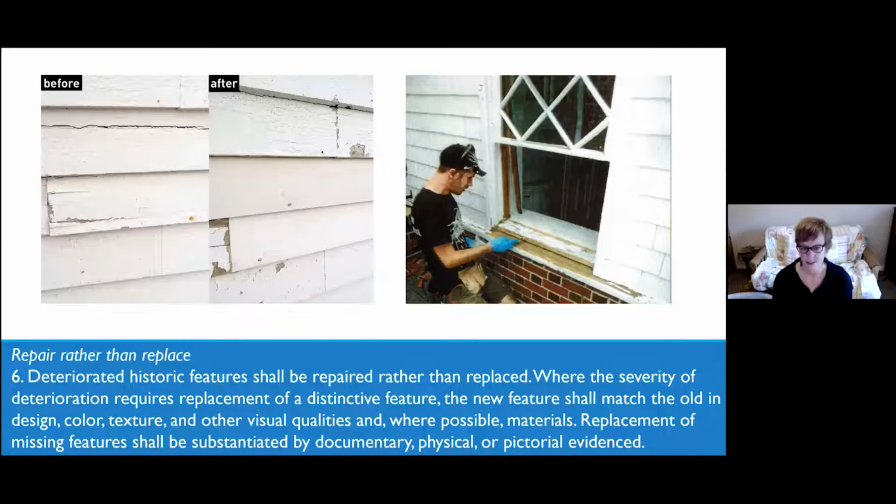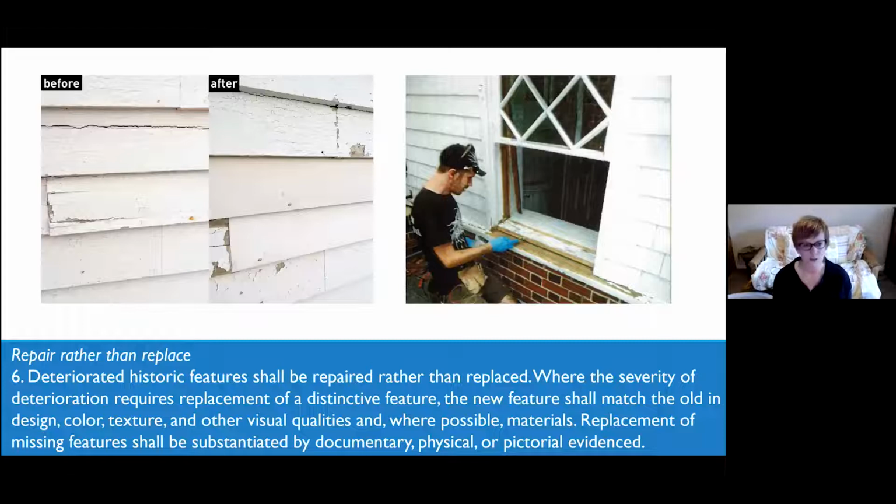So several key things here. Basically, if you can repair it, repair it. Don't replace if you don't have to. As you see on the siding here, only some of the boards are deteriorated beyond repair. So only replace the boards that need it.